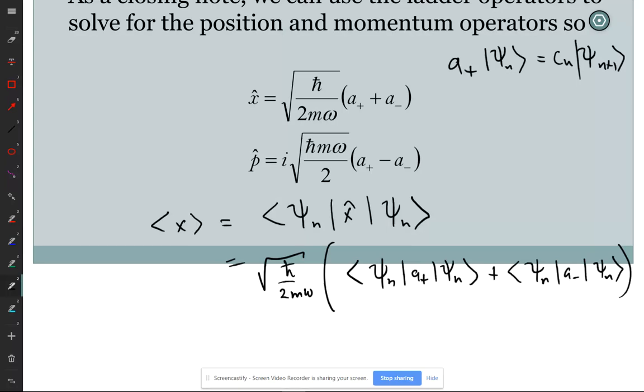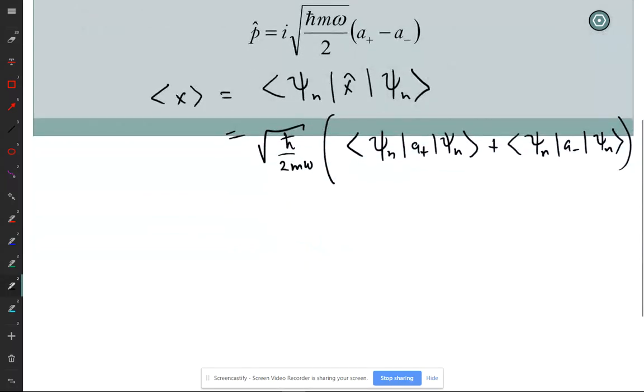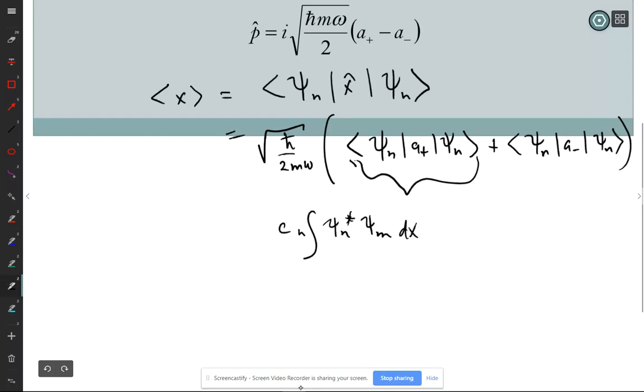I'm going to write this out the way you've seen it before. If I have the integral, I'm going to have C n out front because that's what we had defined, psi n star psi m dx. That's what this here gives you. What do you get for that integral?